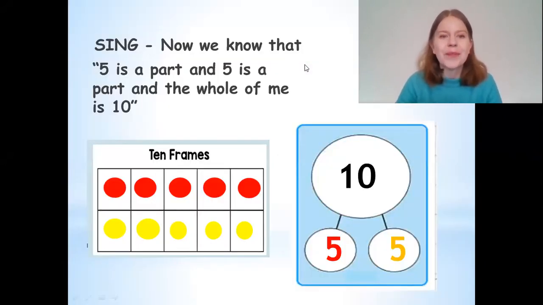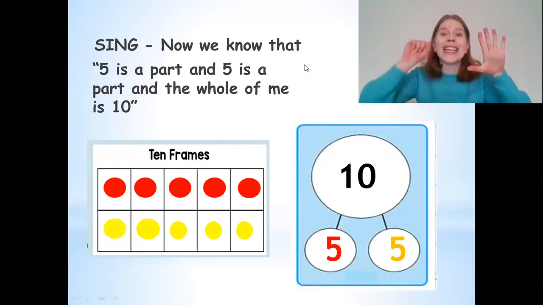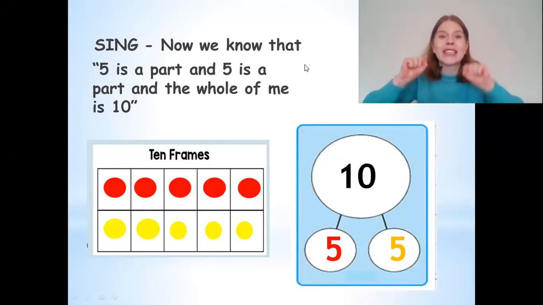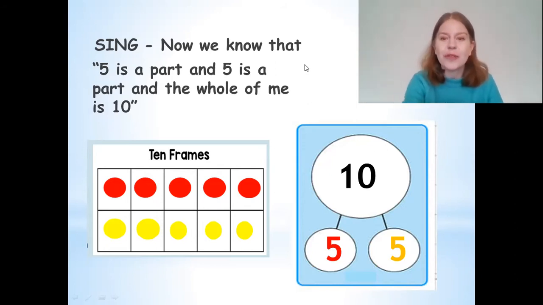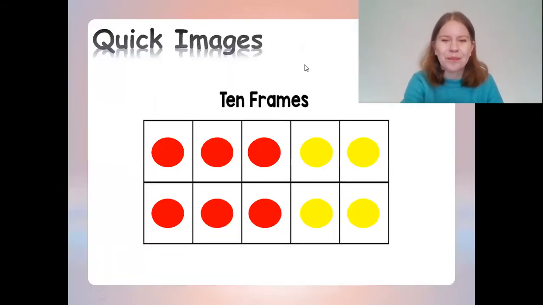Now we know that 5 is a part of 10 and 5 is a part of 10. So 5 is a part of me and 5 is a part of me and the whole of me is 10.